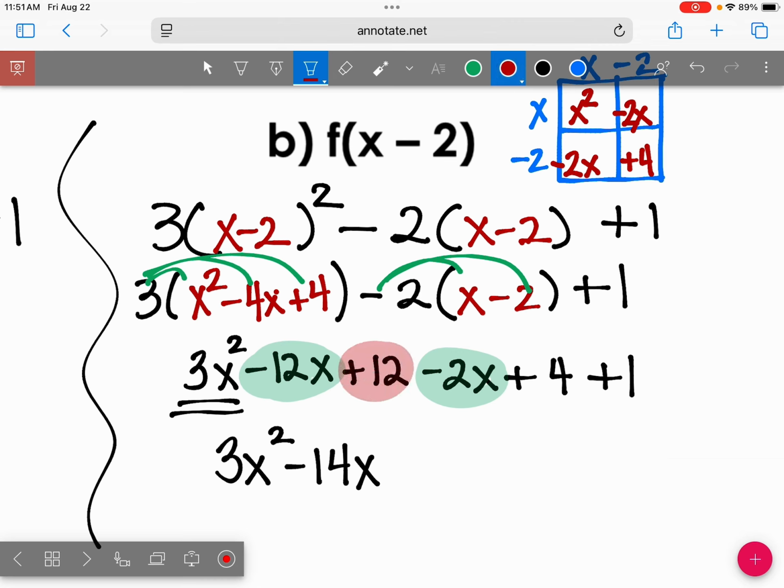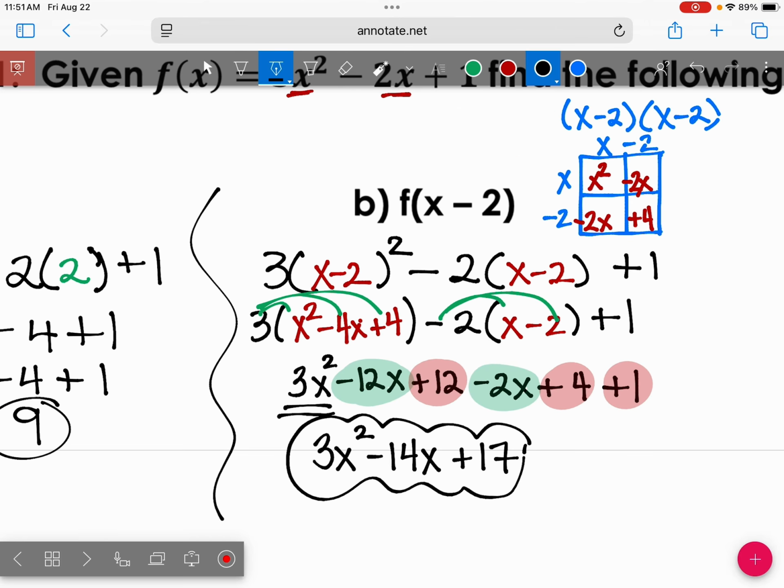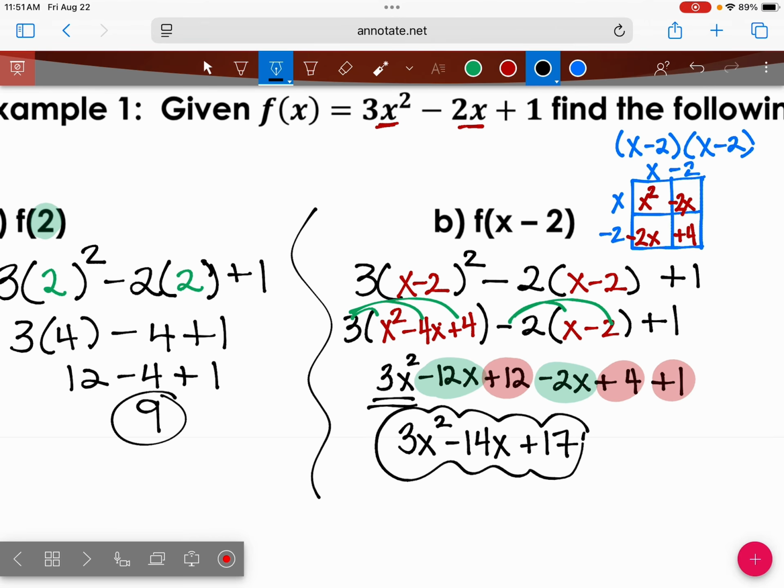And when I add my constants, 12 plus 4 plus 1, who gets 17? And that would be your final answer. Okay, so that's A and B. Any questions about A and B?